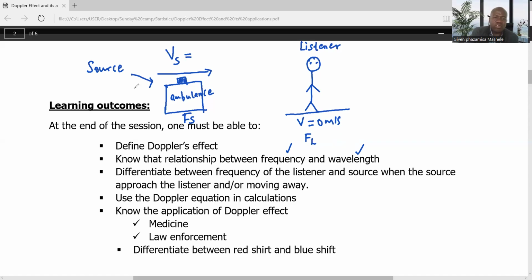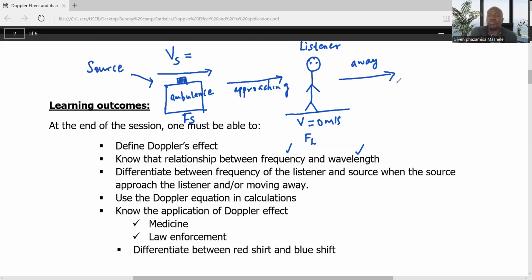Obviously, if the source is approaching the listener, the frequency heard by the listener would not be the same as when the source moves away from the listener.